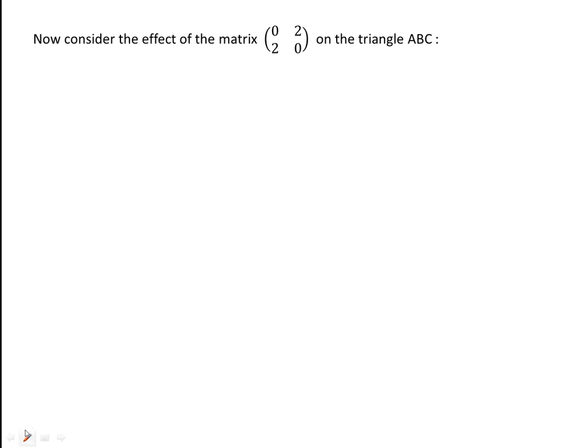Now let's consider the effect of the matrix 0, 2, 2, 0 on the triangle ABC. So we need to multiply the matrix 0, 2, 2, 0 by the coordinate matrix, where A is 1, 1, B is 3, 1, and C is 3, 2.